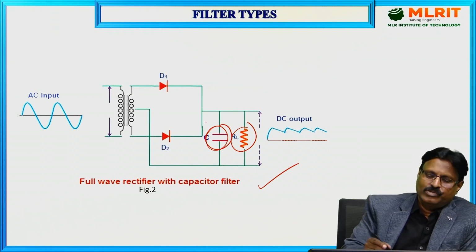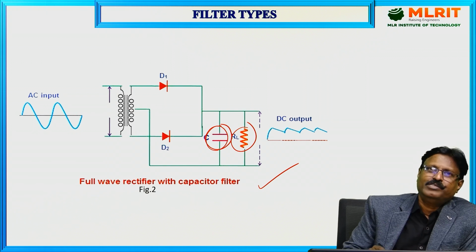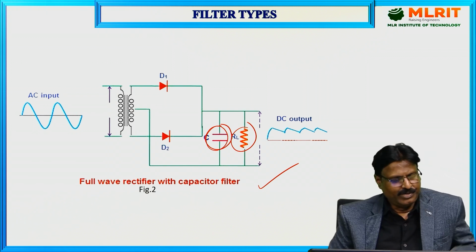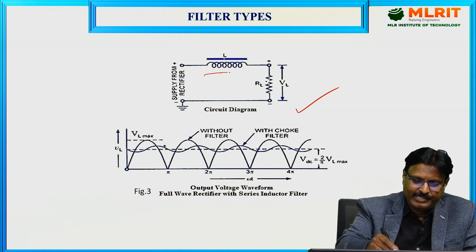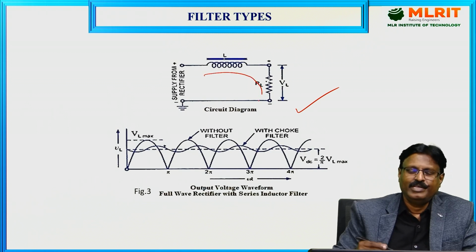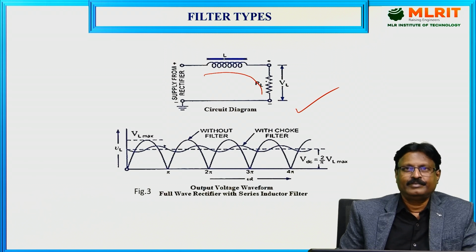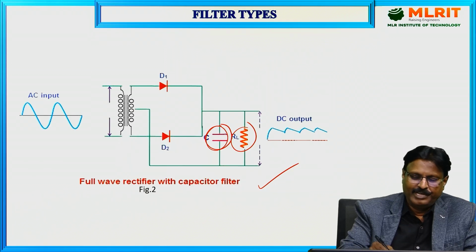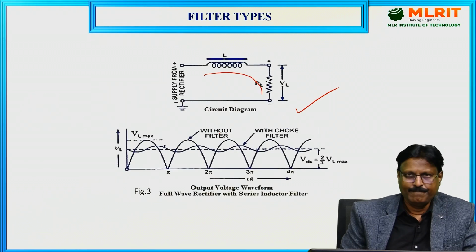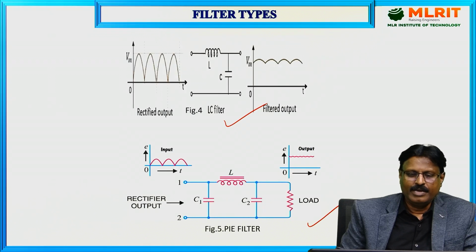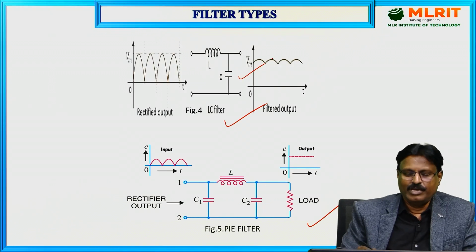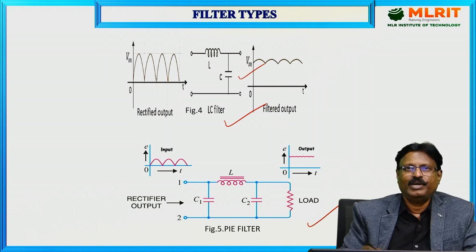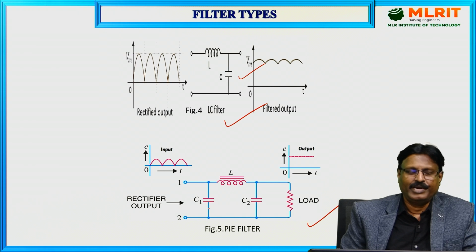In the inductive filter, the inductor is placed in series with the load resistor, whereas in the capacitive filter it is connected in parallel. The third type is a combination of L and C, and the fourth type is once again a combination of L, C1, C2.